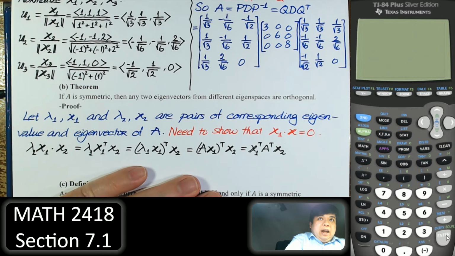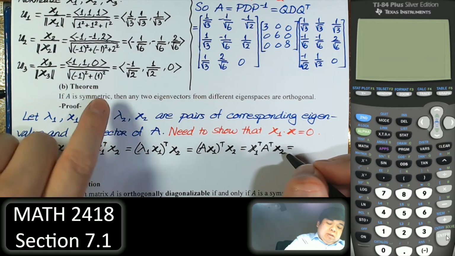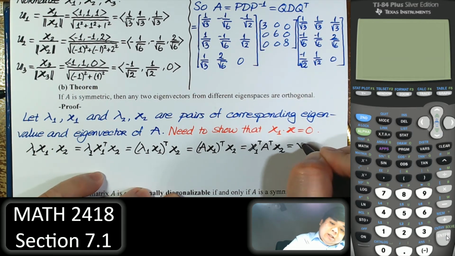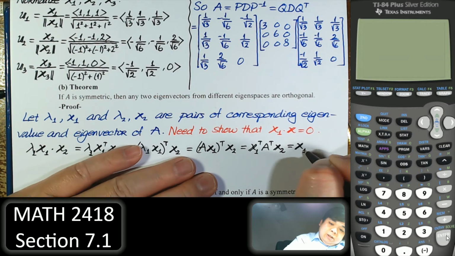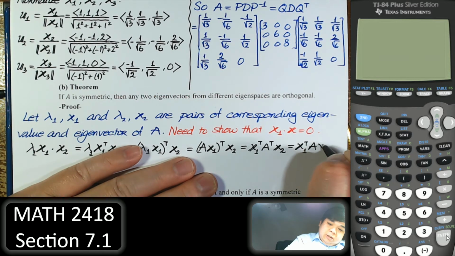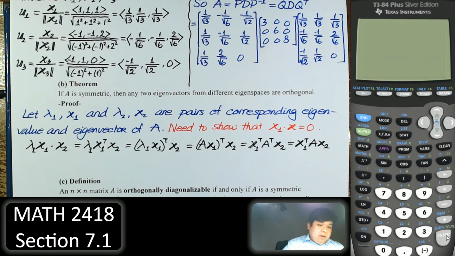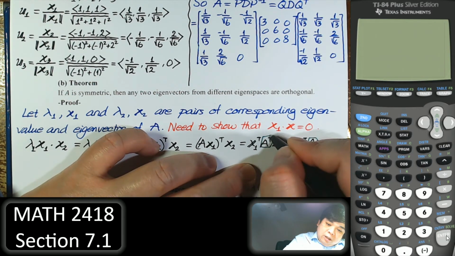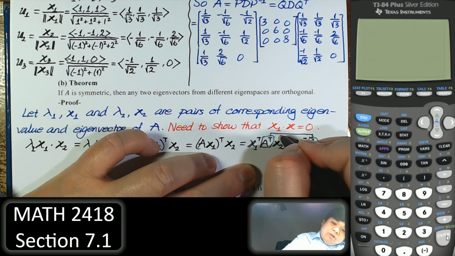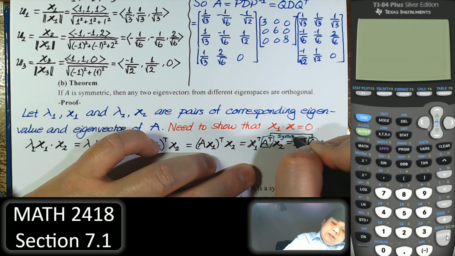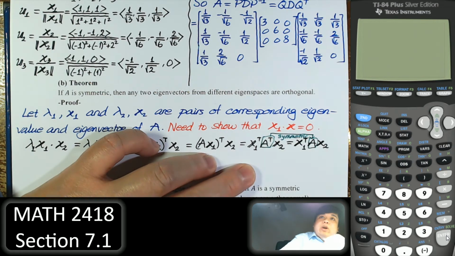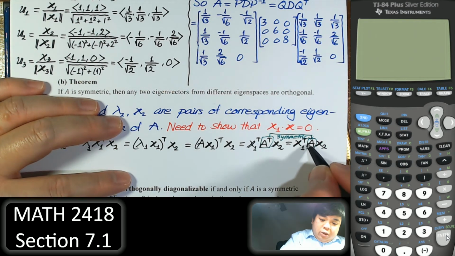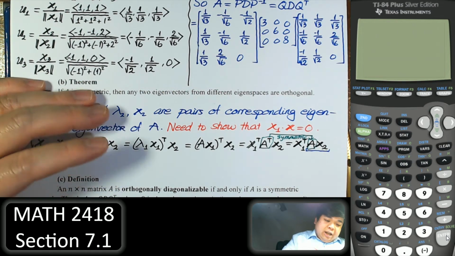Now, next we invoke the given condition that A is symmetric. So instead of A transpose, we can just use A, because A is symmetric. So A transpose is equal to A. And now we group this together, A and x2.